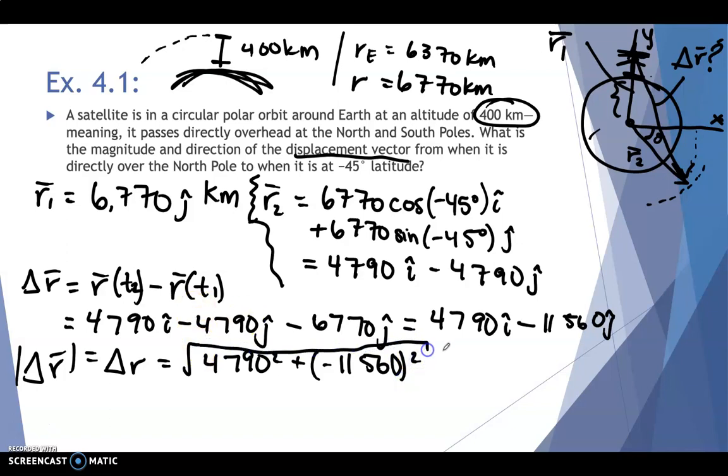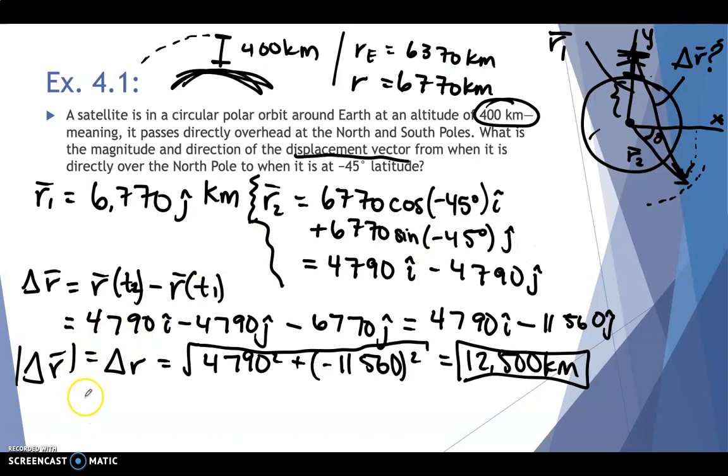So all of that square root. And we get a magnitude of 12,500 kilometers approximately. Okay, so this is our displacement, that length, that distance between the two vectors.